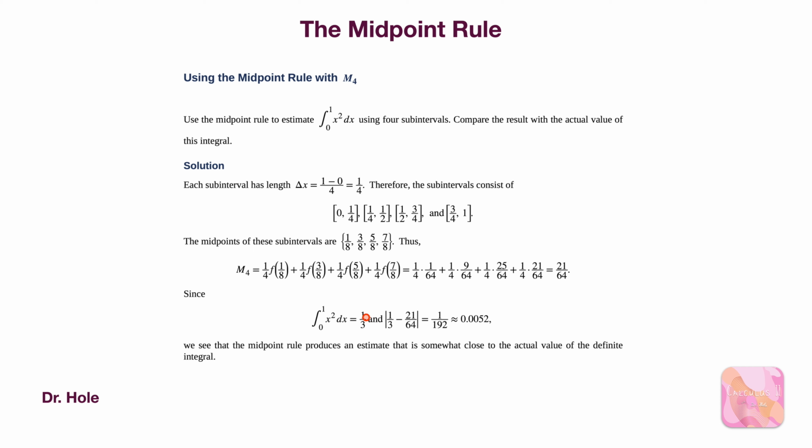So having these values, 1/3 and 21/64, we can take the absolute value of their difference and find that in a decimal approximation, it's approximately 0.0052. A takeaway here is that for very little work, computing M sub 4, we get a decently, quote unquote, good approximation of the true value.